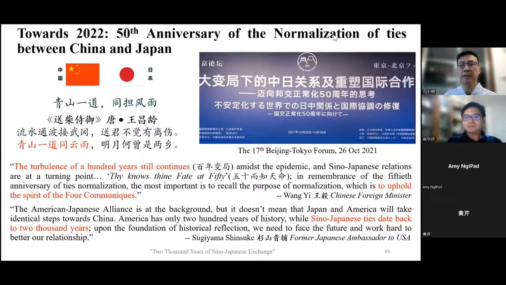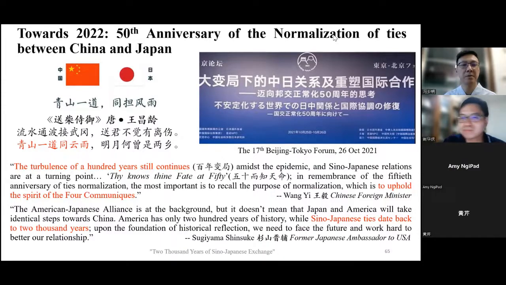And this is something the Japanese will have to acknowledge. They cannot run away. So culturally, there will be more and more exchange on the people-to-people level, I think.